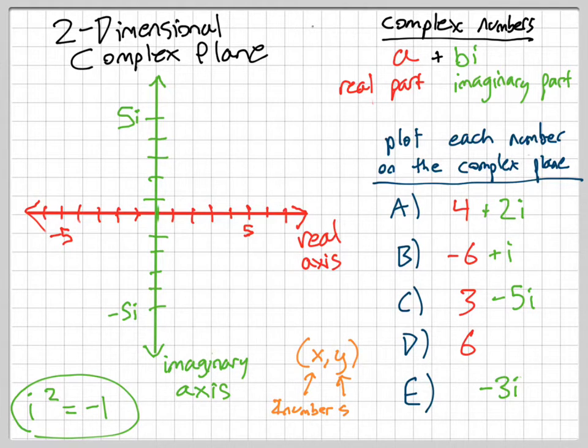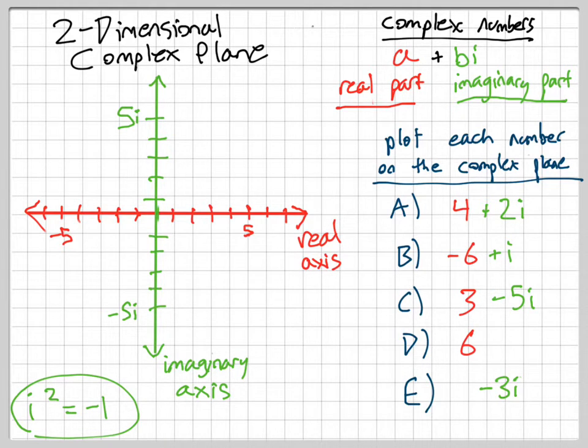We have a real number for x and a real number for y. Whereas when we plot a complex number on this plane, a complex number is a single number that is composed of two parts, a real part and an imaginary part. So it's one number that exists in two dimensions.